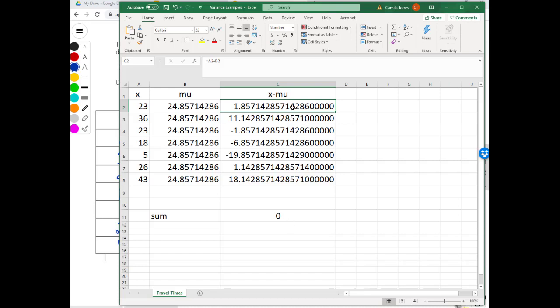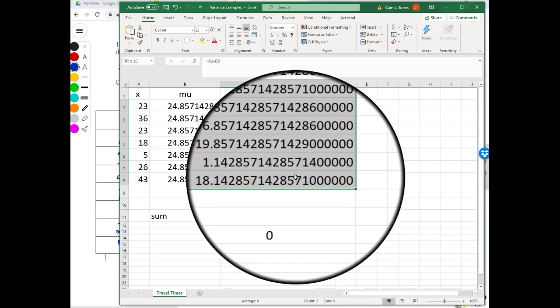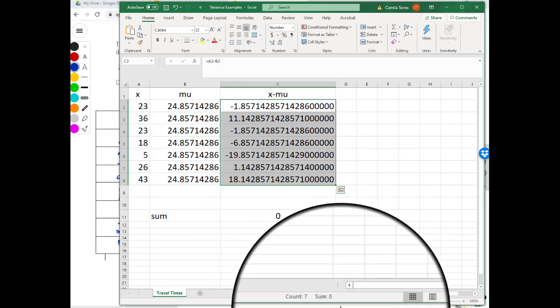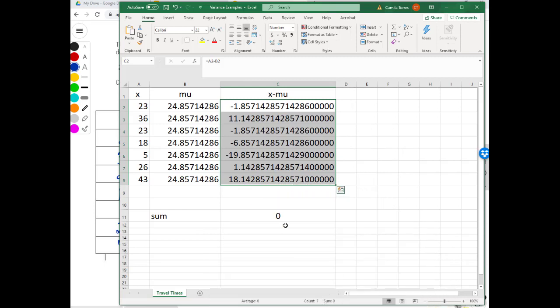If I summed all of these, look at what I got. My sum equals 0. That means that this 23 minutes was a little bit less than the average, this 36 minutes was a lot more, this 23 was a little less, this 28 was a little bit less, not a whole lot, this 5 was a whole lot less, this 26 was a little bit more, and this 43 was a lot more.